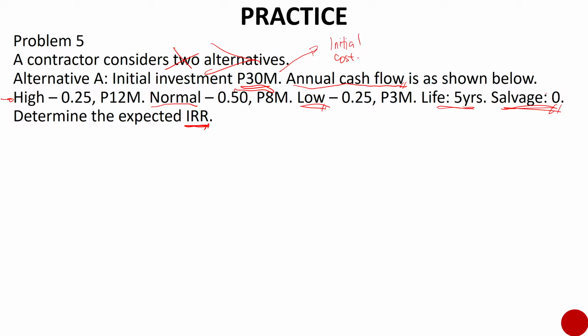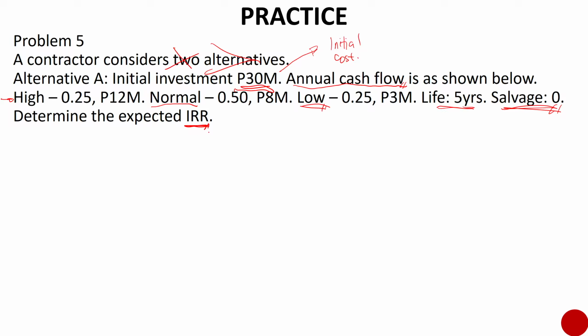We need to determine the IRR. If you remember, the IRR is the interest rate I at which you equate the benefit and your cost. Since there is no salvage value, it would be easier to calculate.